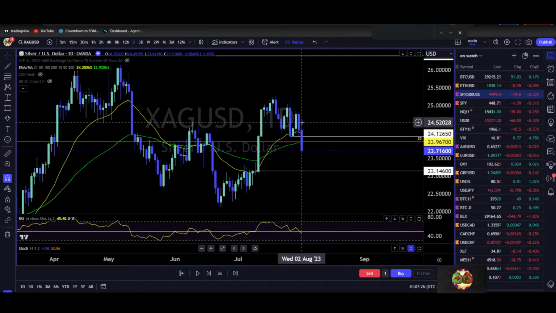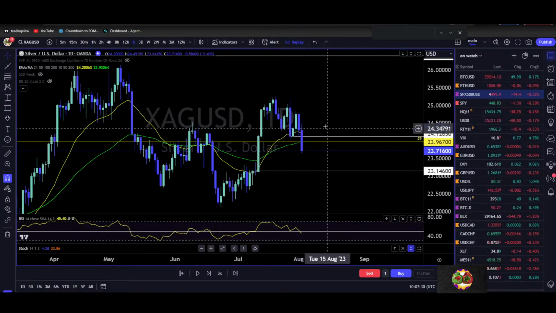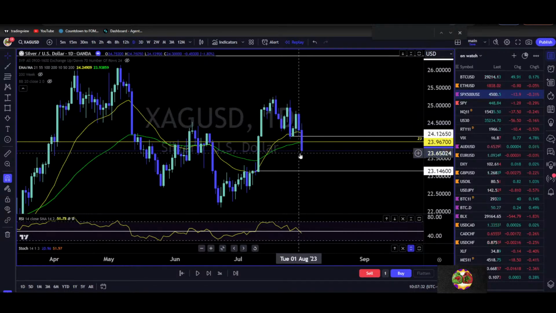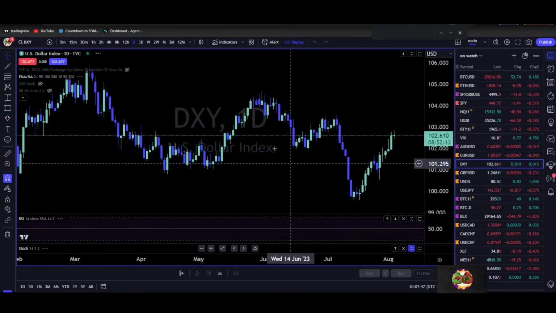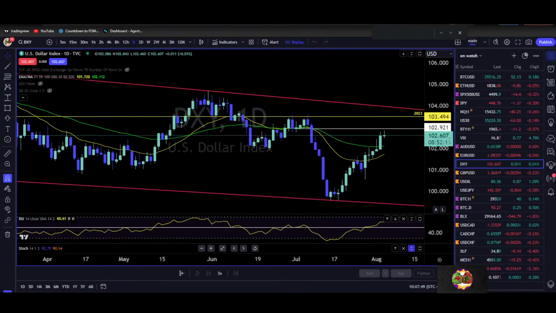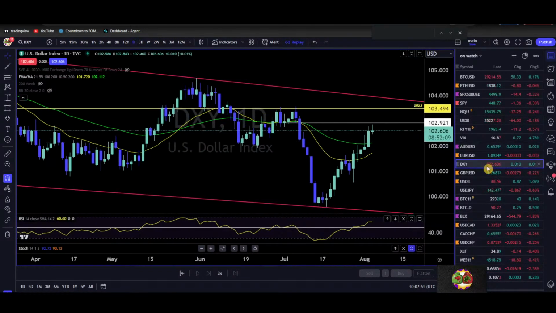Now, technically, I would say you would want to wait until at least the high of this candle is taken out before looking for pullback entries. Because once the high is taken out, then game, set, match. All these shorts are now stuck, right? But we'll see. I mean, this is because the dollar is still going up. Today, it's actually struggling a bit, but silver just has inherent weakness compared to the dollar.